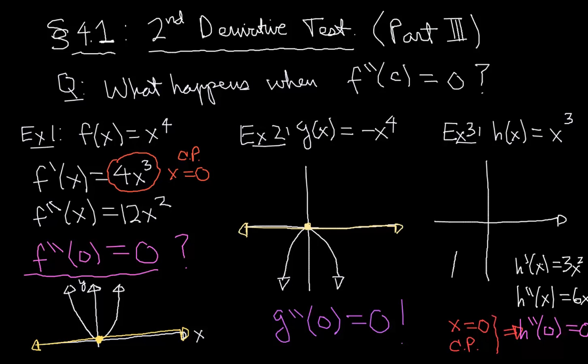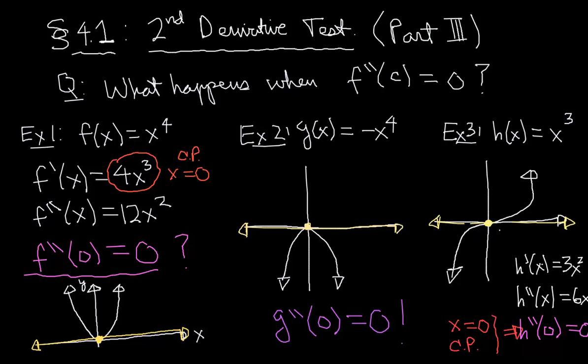X cubed comes along like this, and then it gets flat just at x equals 0, then it goes up. Why am I doing it like that? Because we know this is the critical point, so the slope of the tangent line has to be 0 there.